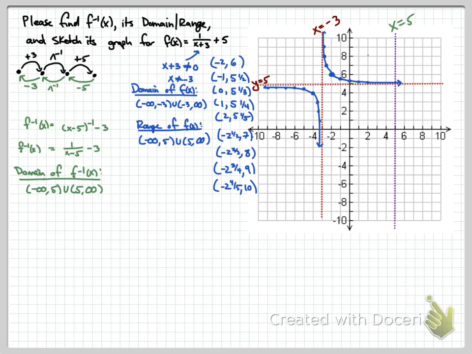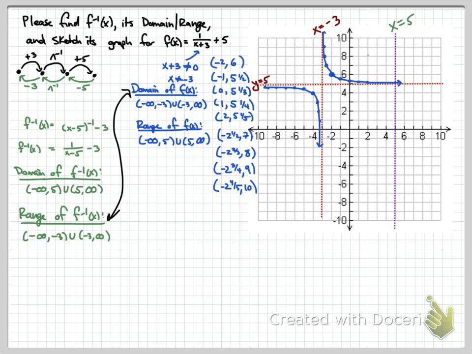Not only that, for the exact same reasons that we talked about why this original could not have an output of exactly 5, our inverse function is never going to be able to have an output of exactly -3. So the range of our function f inverse of x is going to be all real numbers not equal to -3, which is exactly the same as the domain of our original function.